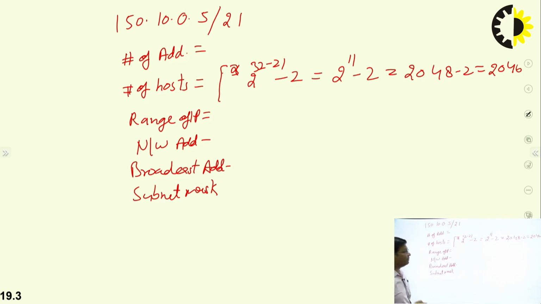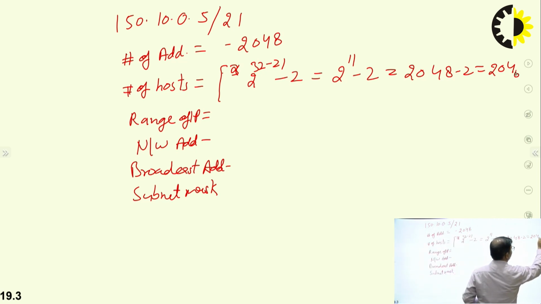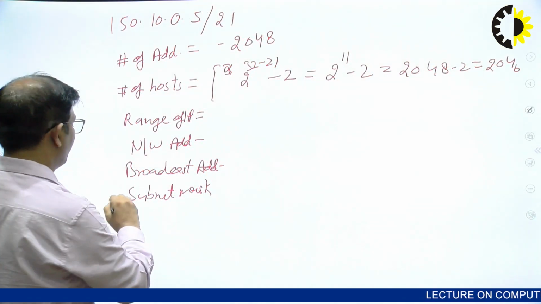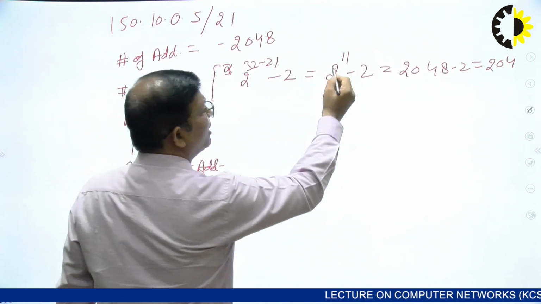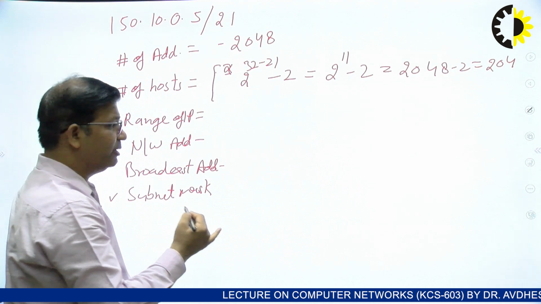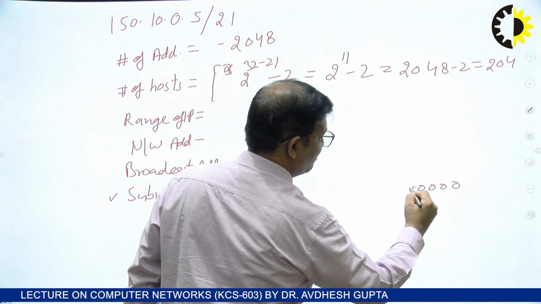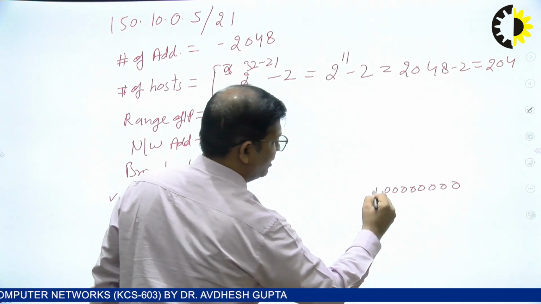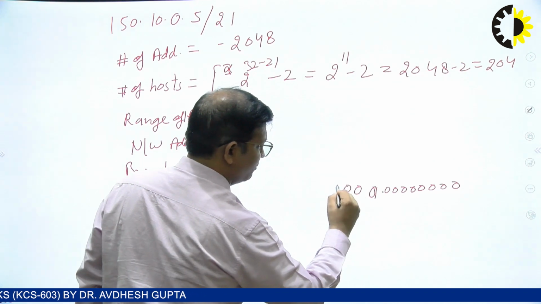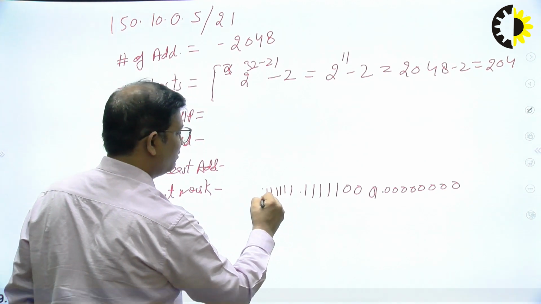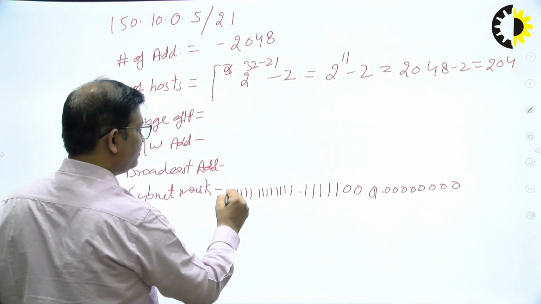The number of addresses is 2048, because the first address is treated as the subnet address and the last address is the broadcast address. So we have to find the subnet mask. What is the subnet mask? If we keep the last 11 bits as 0, then in the subnet mask we count 1, 2, 3, 4, 5, 6, 7, 8, 9, 10, 11 zeros, and the rest are 1s.